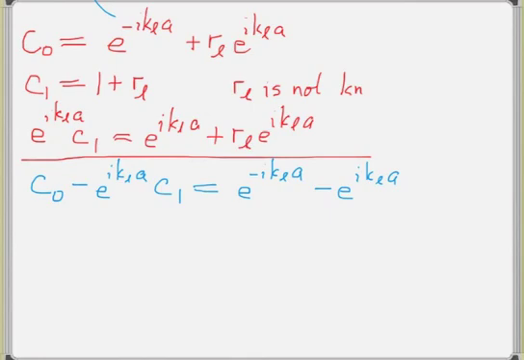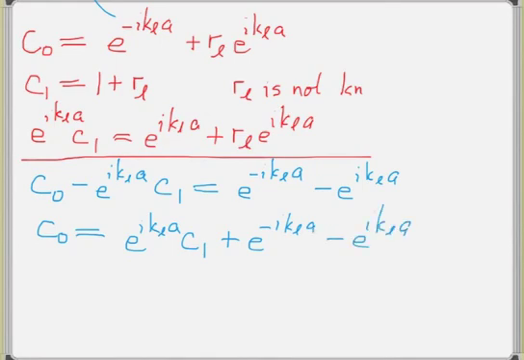I just have an equation relating C0 to C1. And so C0 is equal to C1 times e to the i kL a, plus the difference of e to the minus i kL a and e to the plus i kL a.